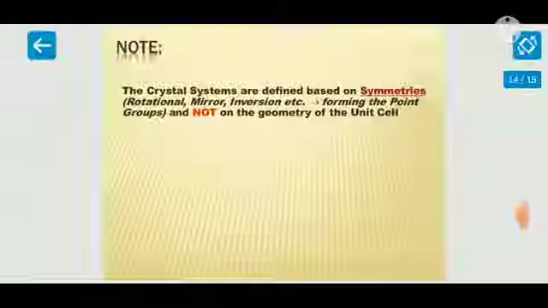Thus, a Bravais lattice can refer to one of the 14 different types of unit cells that crystal structures can be made up of. These lattices are named after the French scientist Auguste Bravais.